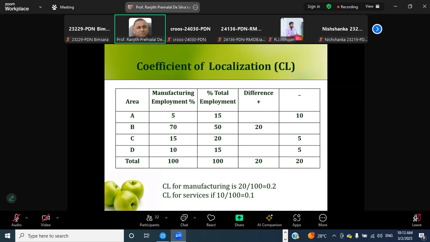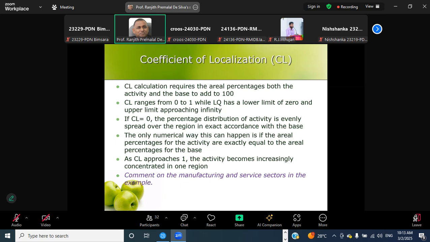We take only one side, so plus or minus, and then get the absolute value. So coefficient of localization for manufacturing is 20 divided by 100, that is 0.2. And if you look at the same thing for services, 10 divided by 100, it is 0.1.